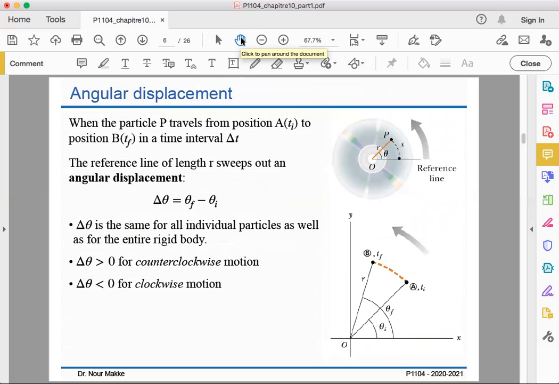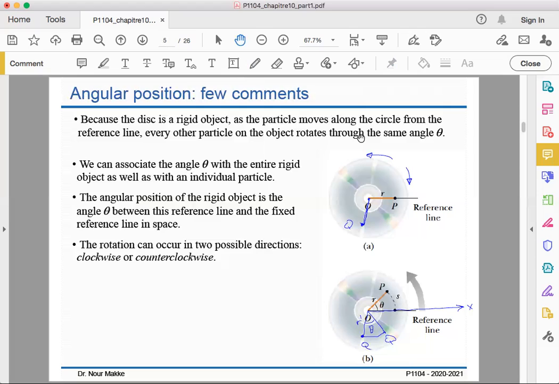Now, how can we define the displacement in the case of rotation? That is very easy. We know that displacement is defined as the difference in the position. And when we talk about the rotation, we already said in the previous slide that the position in the case of rotation is defined by the angle theta, basically.